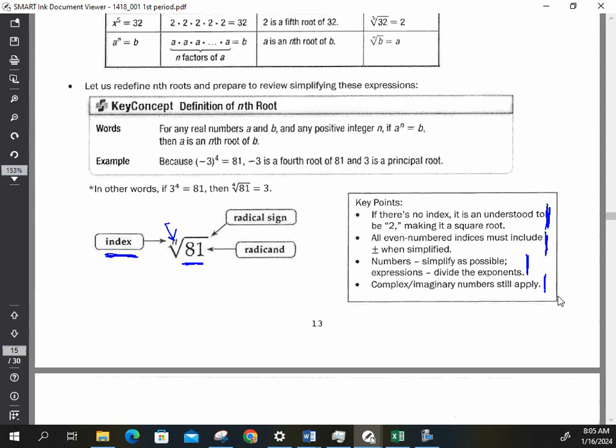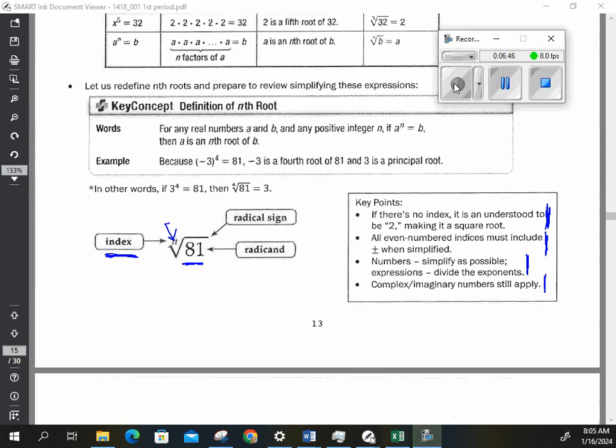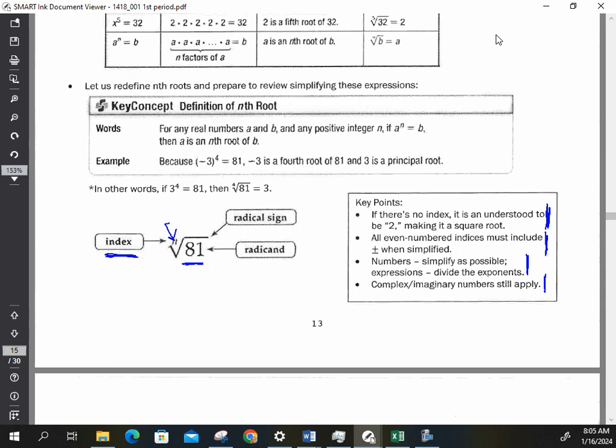And complex and imaginary numbers still apply. In other words, if you take the square root of a negative number, you still end up having to put i into the problem. That wouldn't just occur with square roots. Any even number could potentially come up. So just keep that in mind.